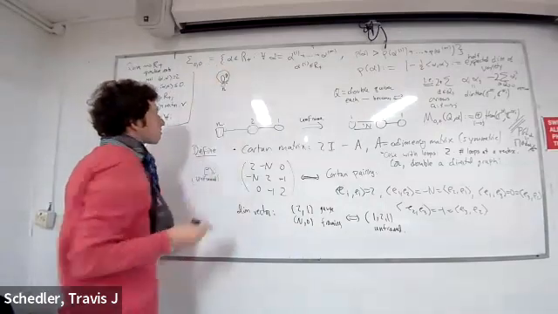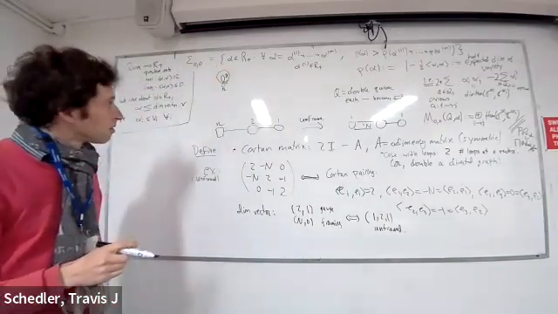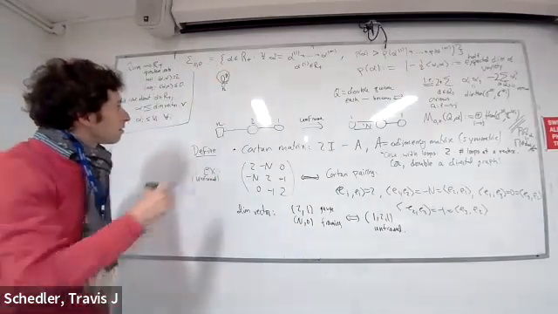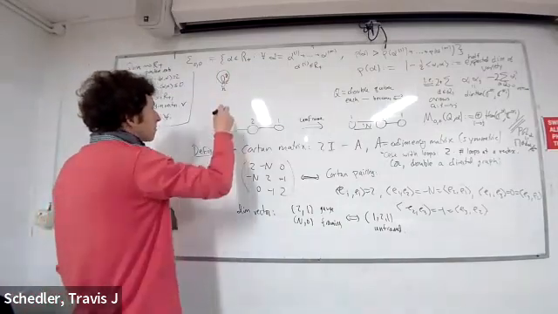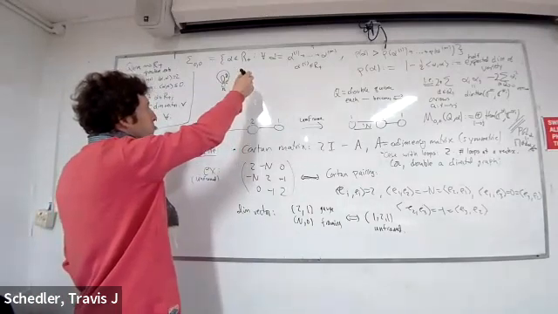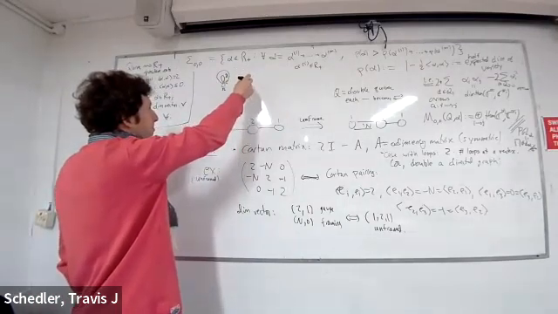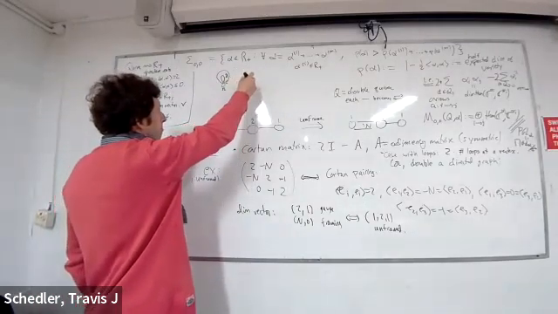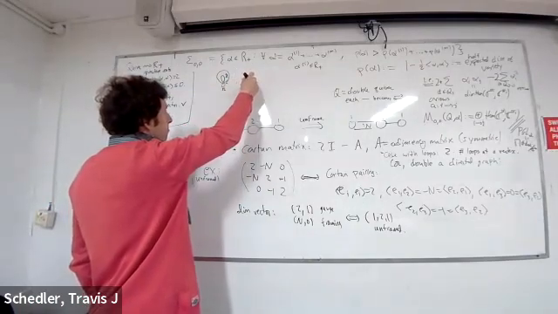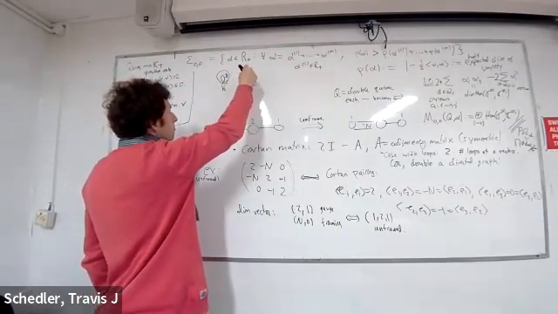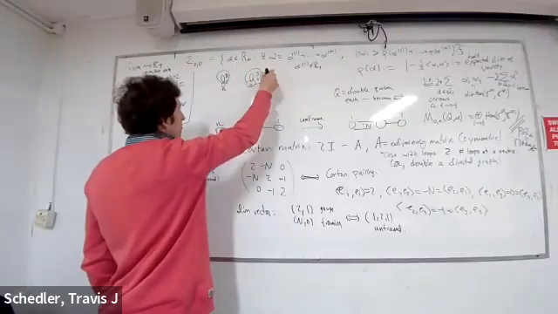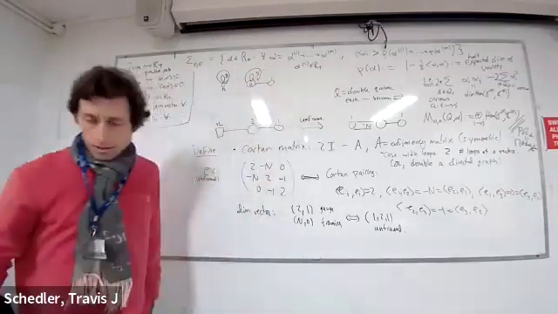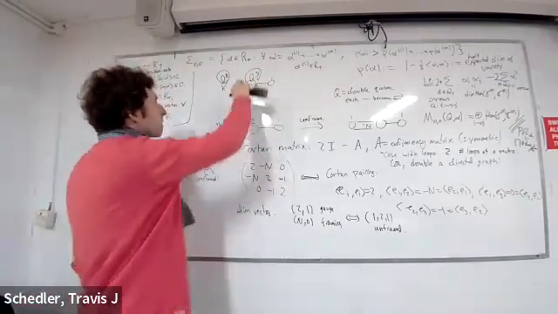The other, quiver two, takes the same thing but then you connect it with a node of one. These two have the same expression actually.